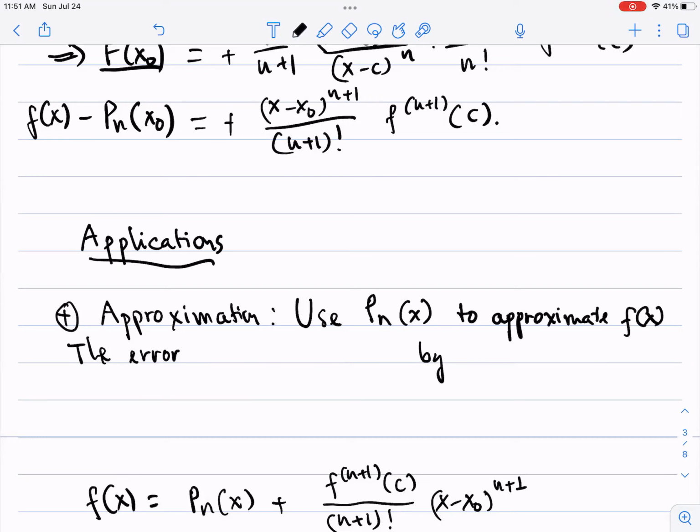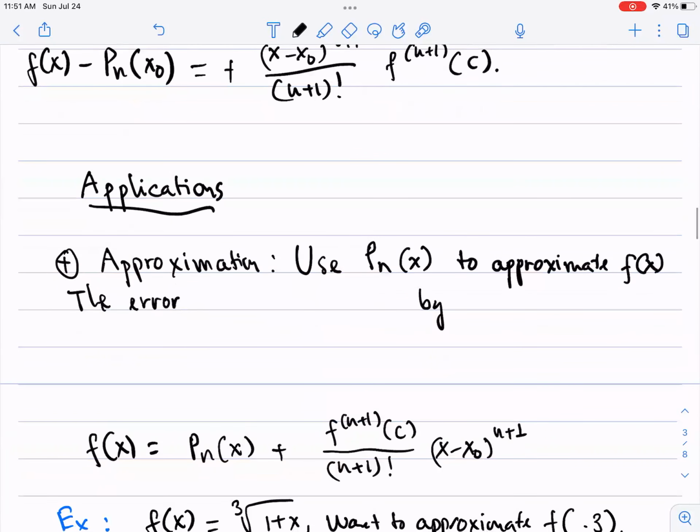This is very useful because the Taylor polynomial is a polynomial which can be computed numerically easily. On the other hand, the original function f of x might involve certain expressions which are difficult to compute numerically.